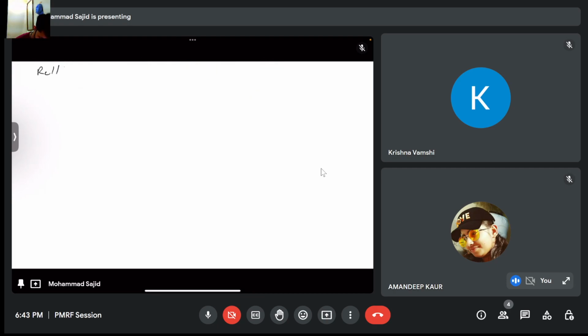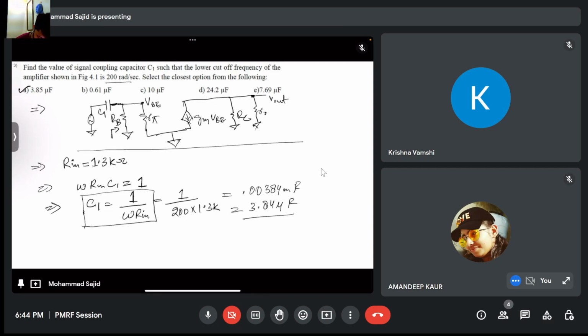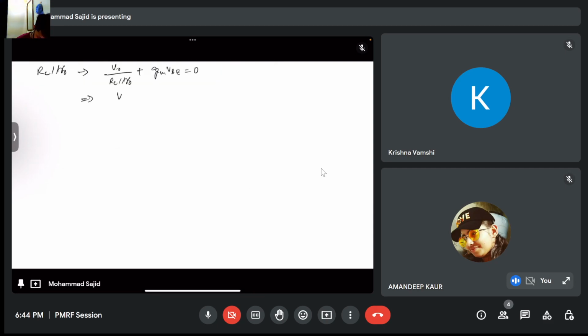RC is parallel to R0, so let's write V output divided by RC parallel R0 plus GM VBE equals 0, right? We will get V0 as minus GM RC parallel R0 VBE.